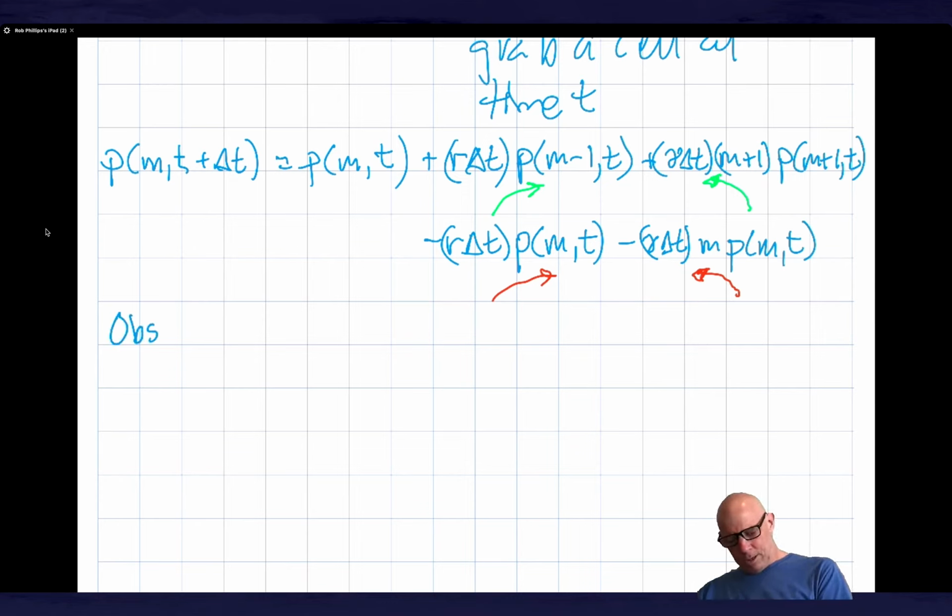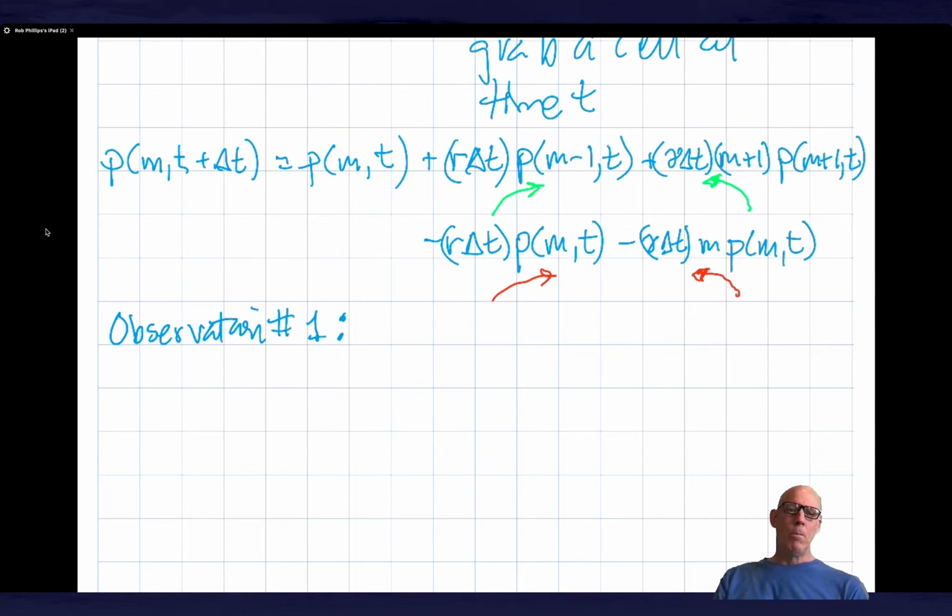Observation number 1: this is kind of that Michelangelo moment. This thing wants to be a differential equation.